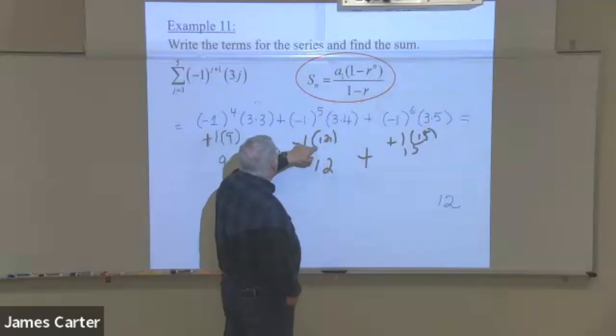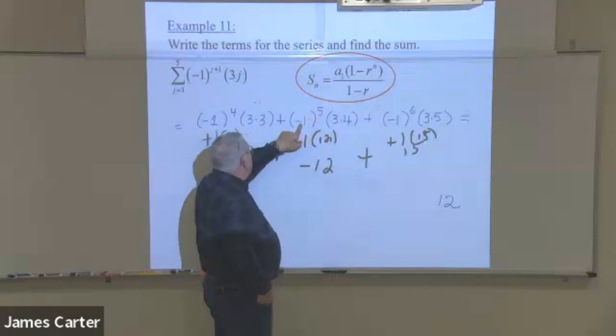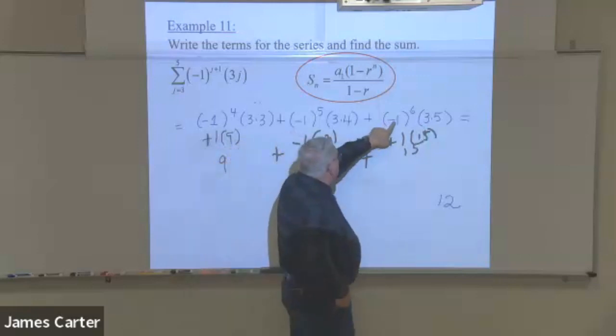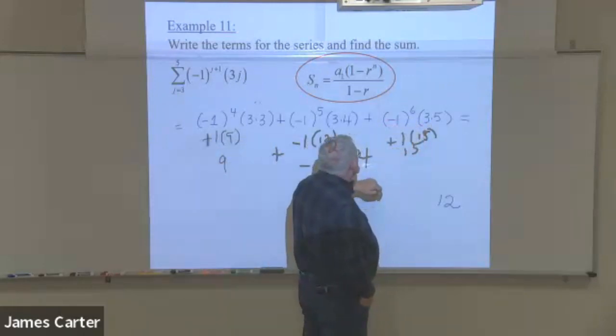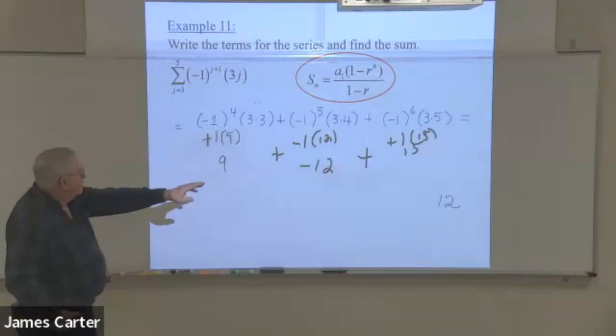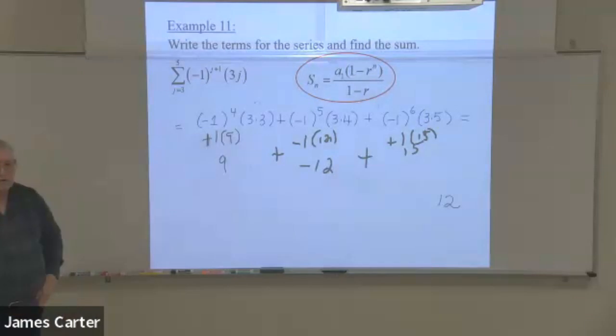And here is a 4. 4 times 3 is 12. -1 to the 5th is -1. So this is -12. Here, we've got our 6 there, 5 plus 1, and our 5 there, and get the 15. So 9 minus 12 plus 15 gives you 12. Yes. So like for this problem, the SN equals the whatever circle in red, we just ignore that. On this problem, ignore that, and the last one as well. Yes. Okay, all right.